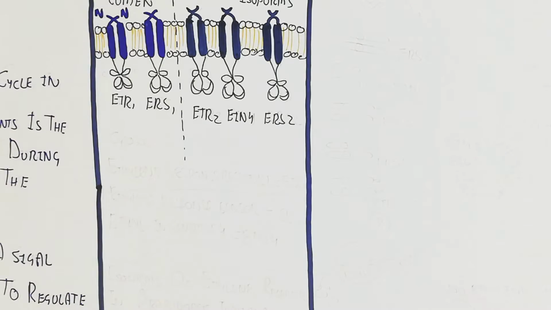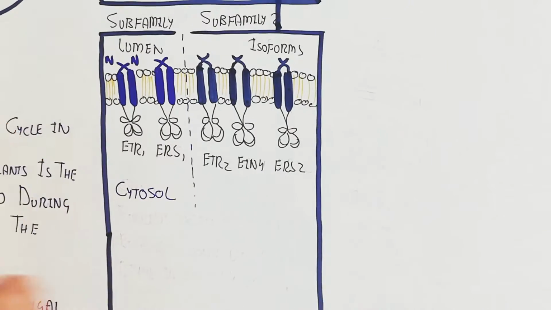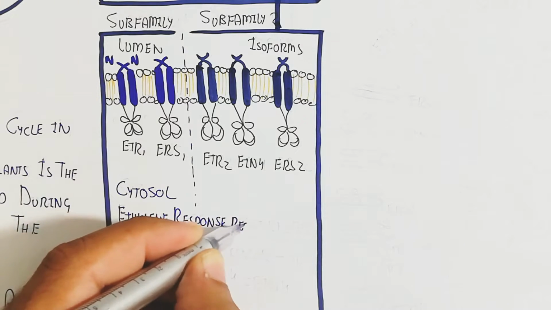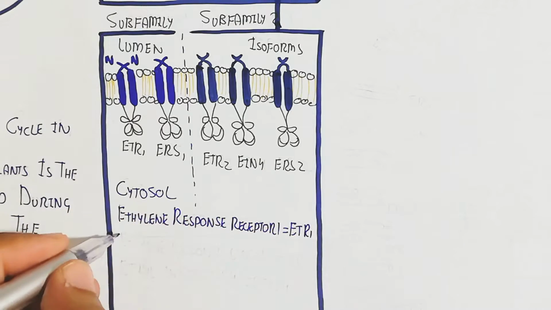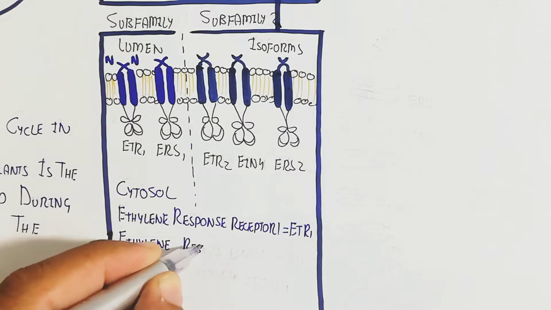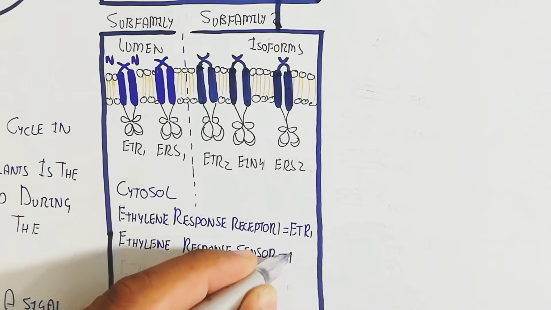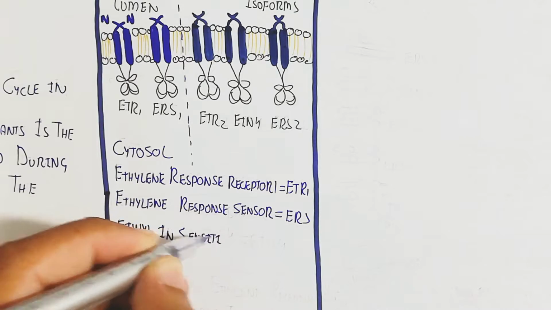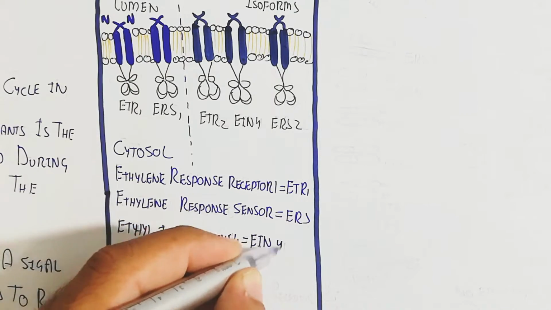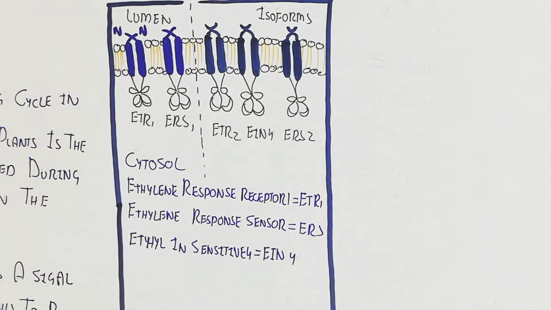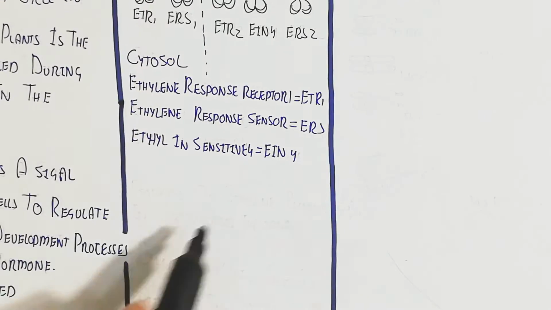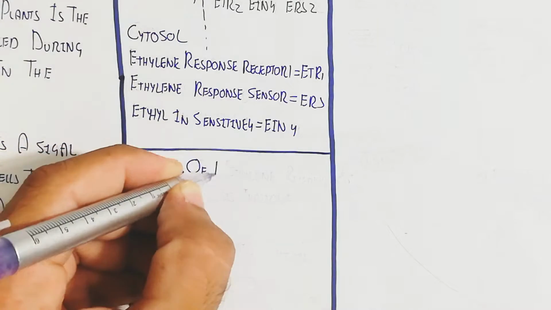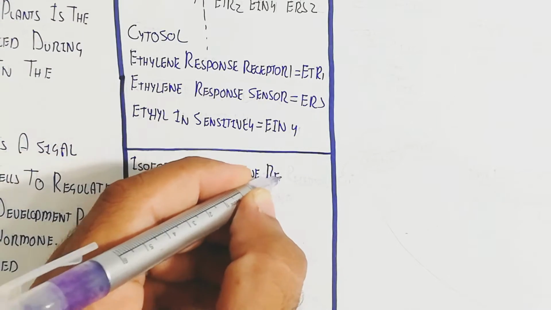These are the ethylene response receptor 1 (ETR1), ethylene response sensor (ERS), and ethylene insensitive 4 (EIN4). These are the isoforms of the ethylene receptor in Arabidopsis thaliana, which we are discussing in this video as an example of this plant. Different plants contain different types of receptors and responses.